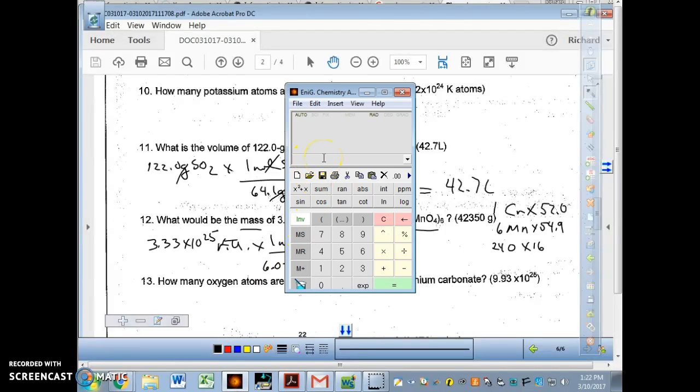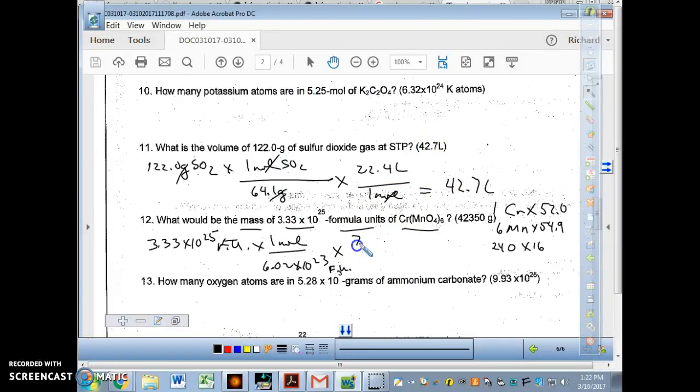So I'm going to type in the formula here, and it says that it's 765.6 grams per mole. I know you know how to do that part, so I'm just going to save that step so we can get through this a little faster.